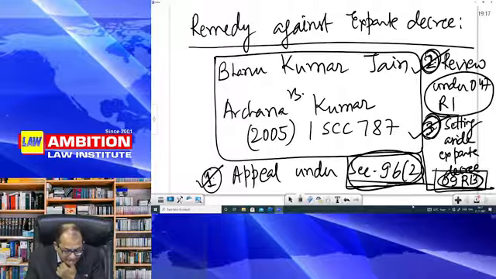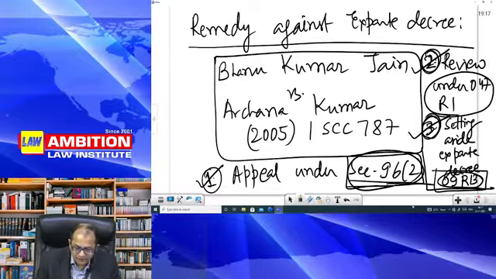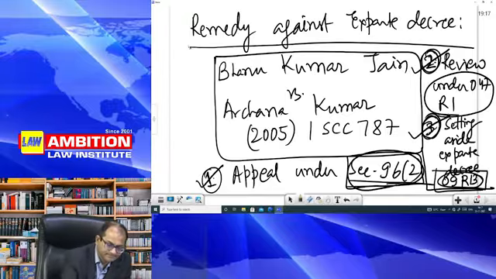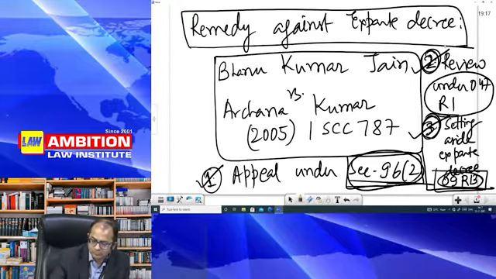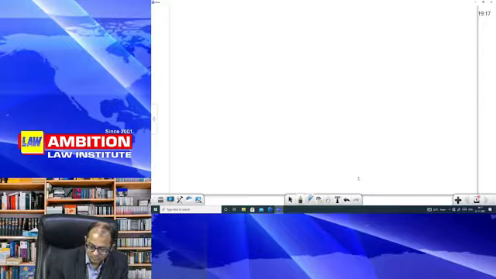Appeal under 96 subsection 2, review under Order 47 Rule 1, setting aside ex parte decree, Order 9 Rule 13. These are the remedies against an ex parte decree. Is this clear? This is the aggrieved party, generally the defendant we are talking about.